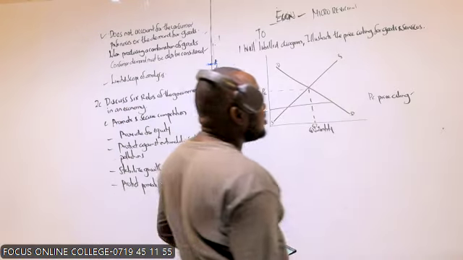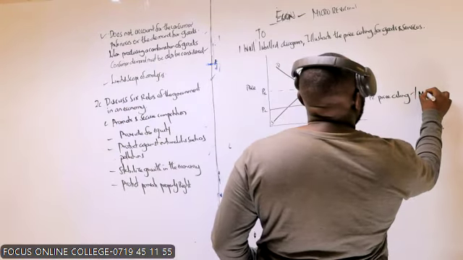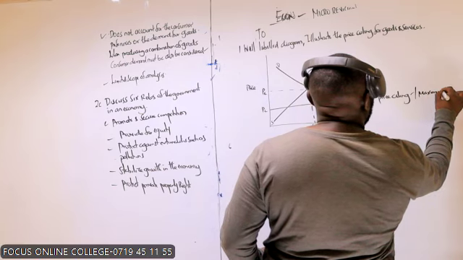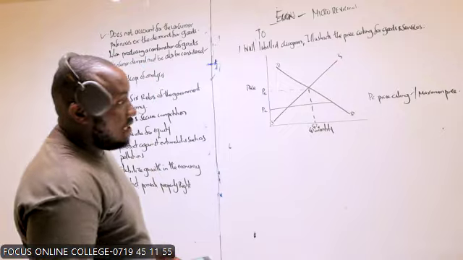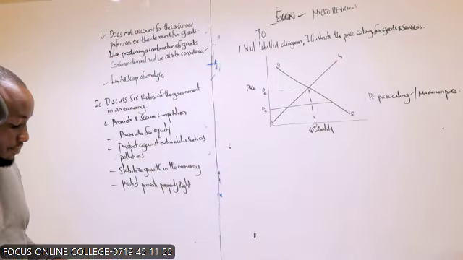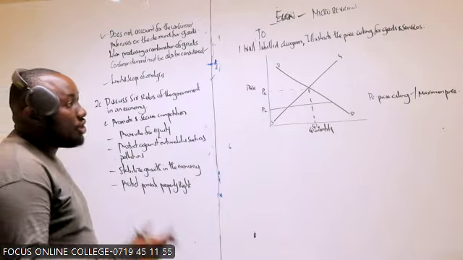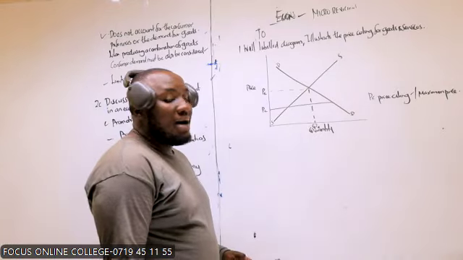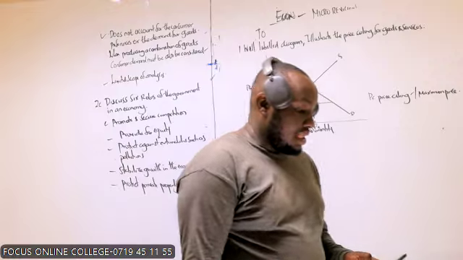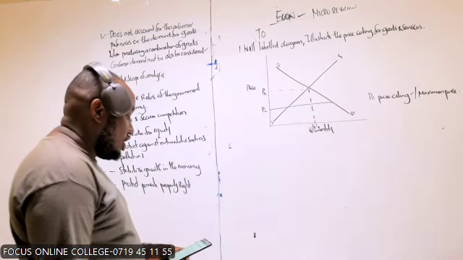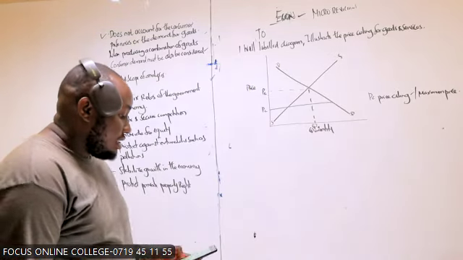So price ceiling is also called the maximum price. Imposed below what? Below the equilibrium price. Are we together?